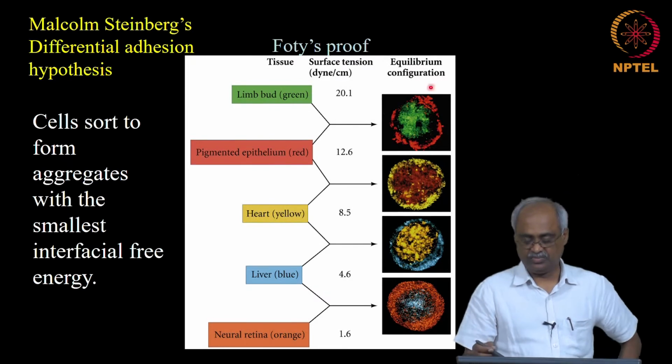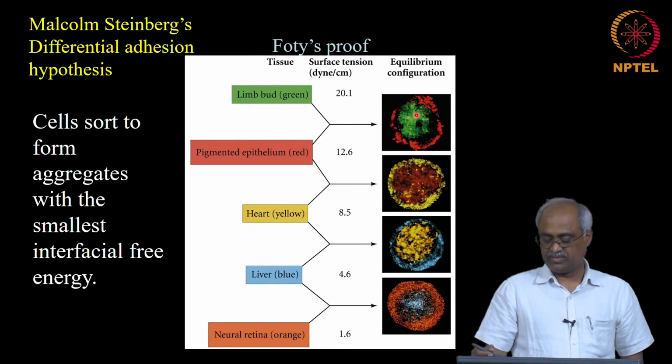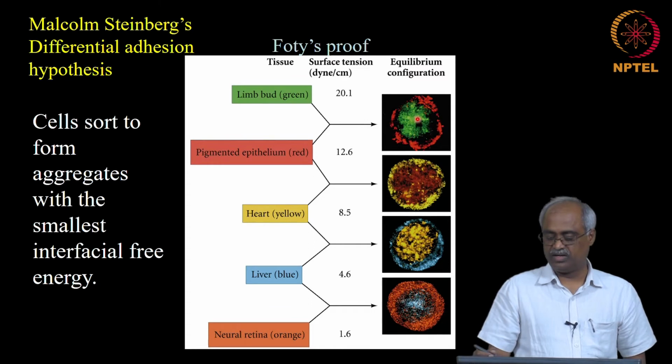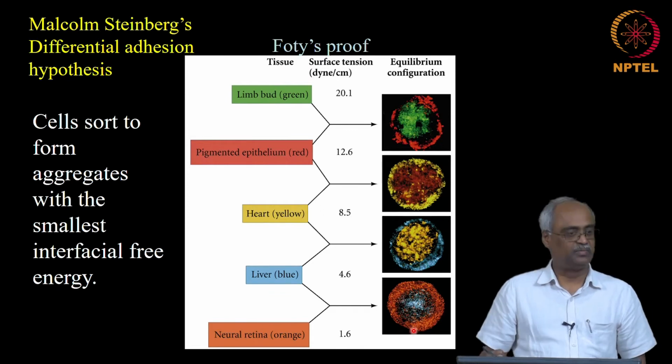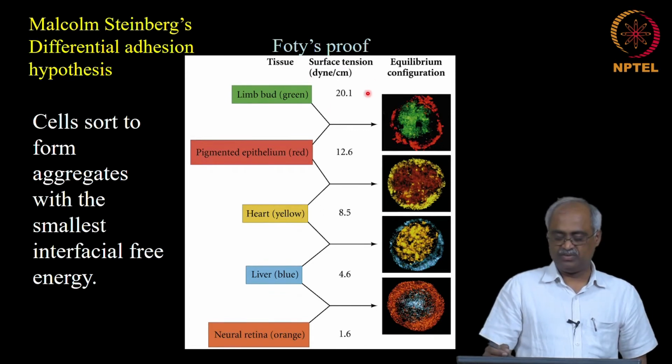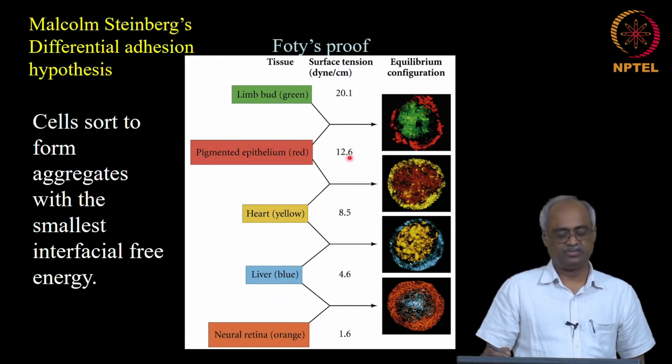So, here you have the two kinds of cells that are being mixed in two different colors, like here green and red, and here red and yellow, and blue, and then blue and orange and so on. So, in each pair if you see, the green has higher surface tension than this red one. Okay. So, the green goes inside.